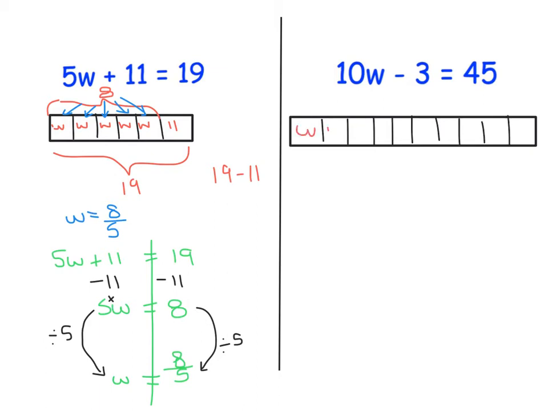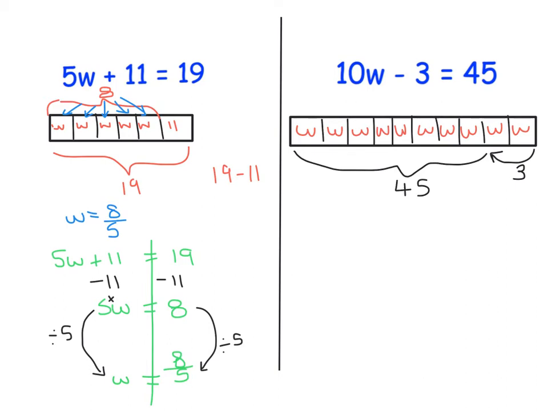So I've got 1, 2, 3, 4, 5, 6, 7, 8, 9, 10. This time it's take away 3. So I'm going to be going back 3. So take away 3 is equal to 45. So this bit here is equal to 45.